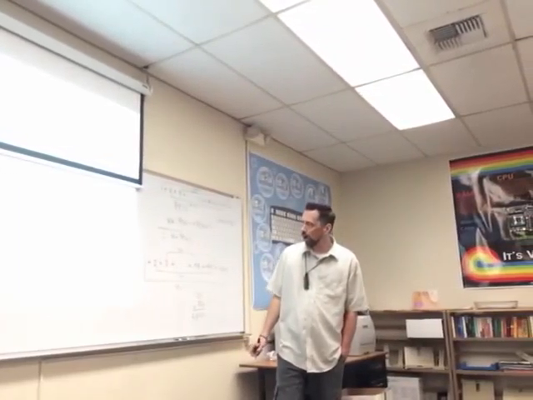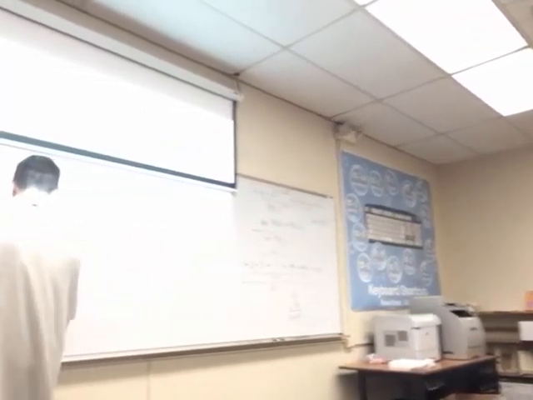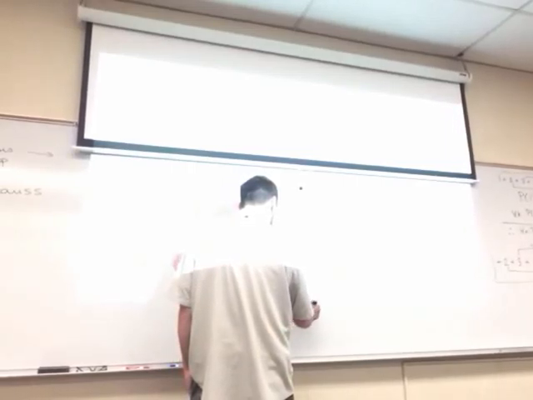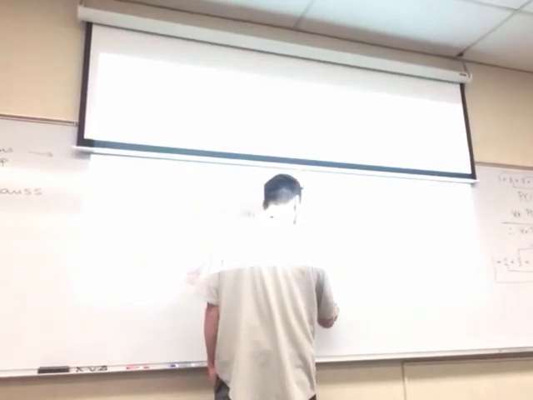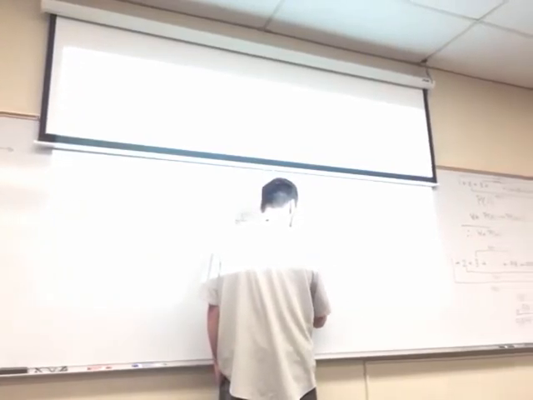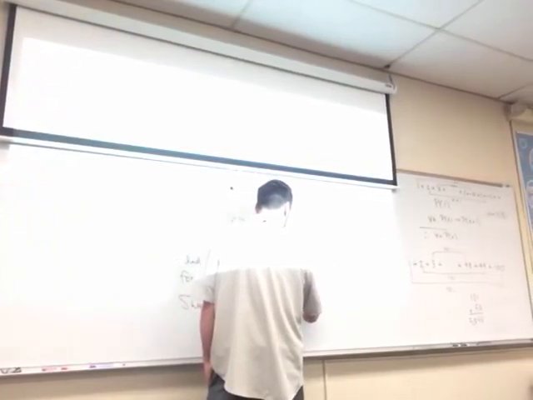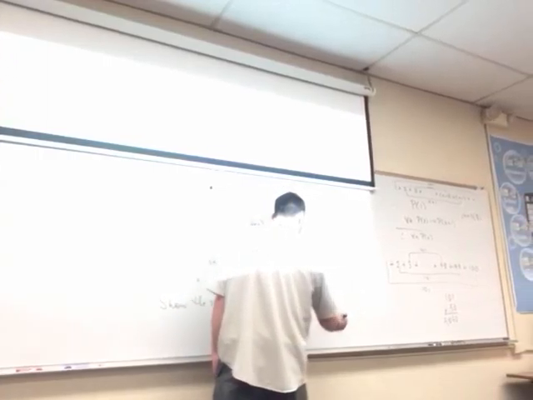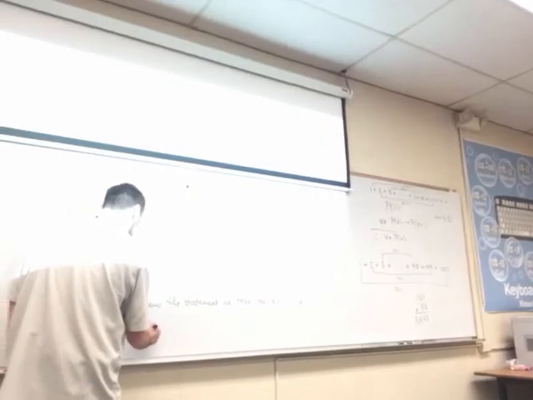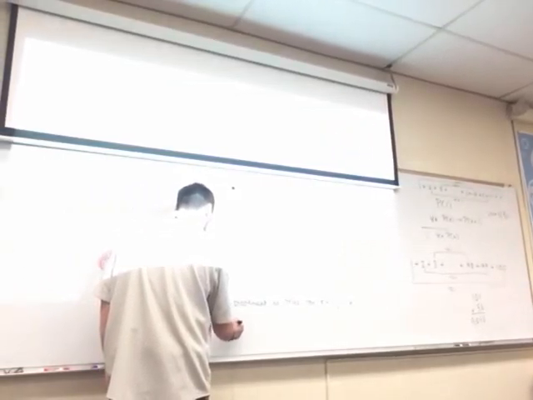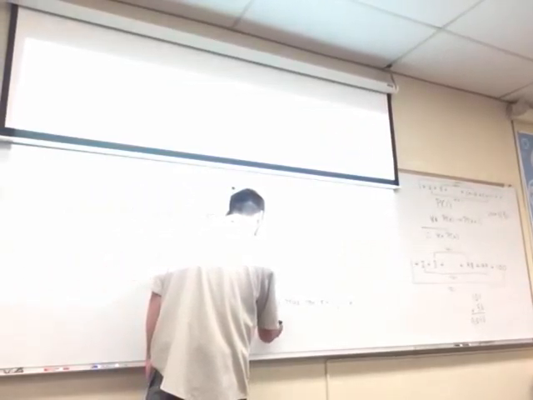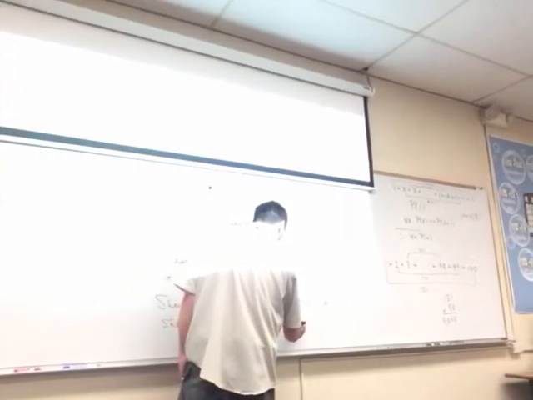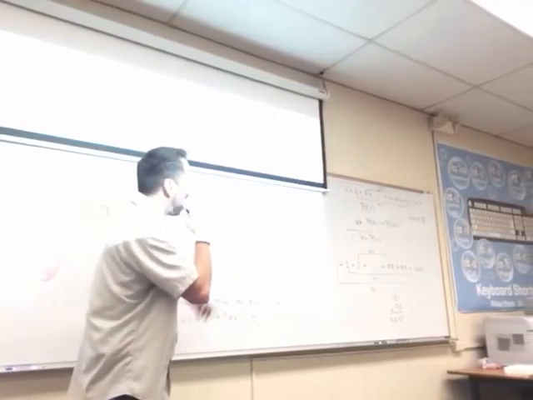What we need to show is that the statement is true for k plus 1. So we need to show that 1 plus 2 plus blah, blah, blah up to k plus 1. Now here I have to be careful.